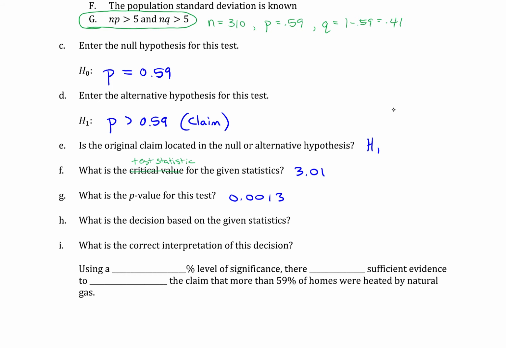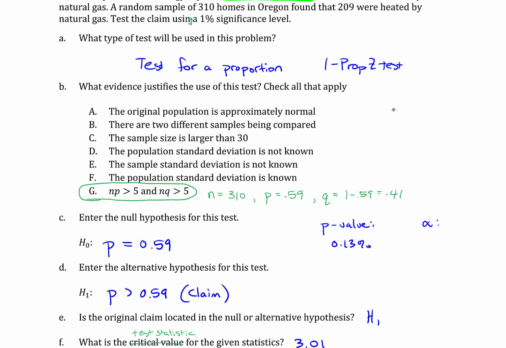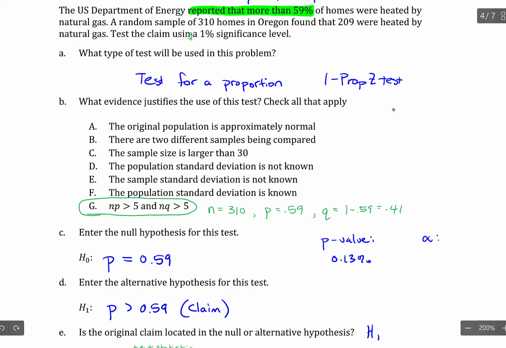Okay, what is the decision based on the given statistics? Well, if we take our p-value, 0.0013, change it to a percent, 0.13%, it's just easier to make the comparison. And we compare that to our level of significance, which I'm just going to scroll back up and find. So that's 1%.